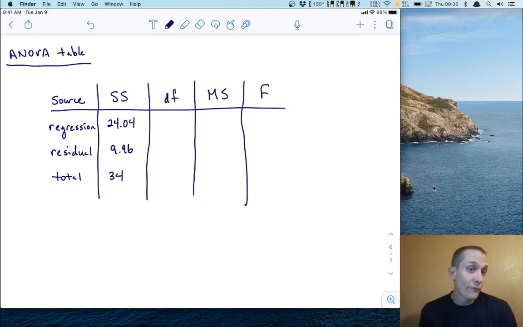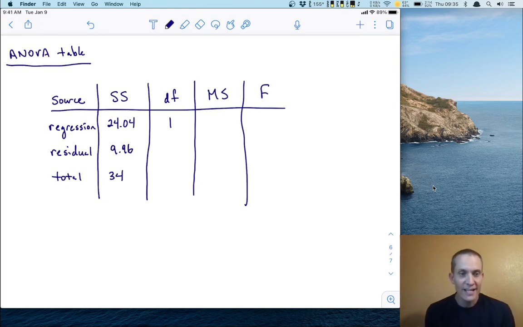Now let's talk about degrees of freedom. Something interesting about ANOVAs, you remember that to find degrees of freedom, we did something like take the number of groups minus 1, but that doesn't really apply here. In this case, the degrees of freedom for the regression equation is always 1. That's just it. So you don't even have to really think about this.